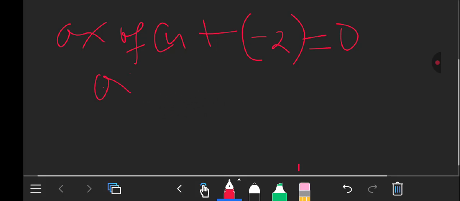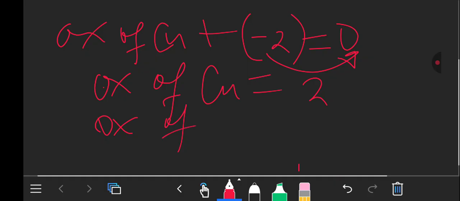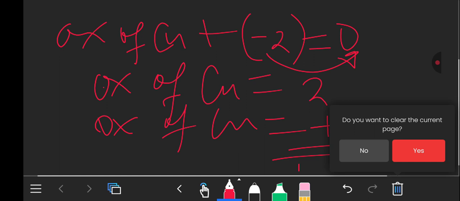So the oxidation state of copper will be equal to... this -2 will go to the other side of the equation. In short, we find the additive inverse of -2, which is +2. So you're going to say 0 plus 2, and that will give you 2. We have found the oxidation state of copper to be equal to 2. But you can't just say 2. I initially mentioned that when writing the oxidation state, you need to include the sign, so it will be +2. That's how you can get the 4 marks.